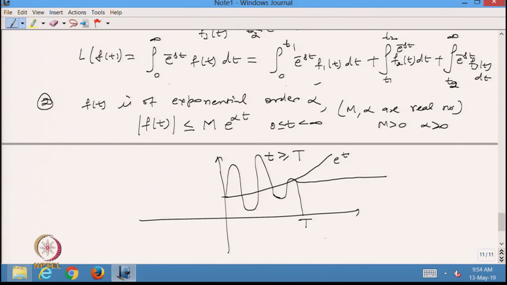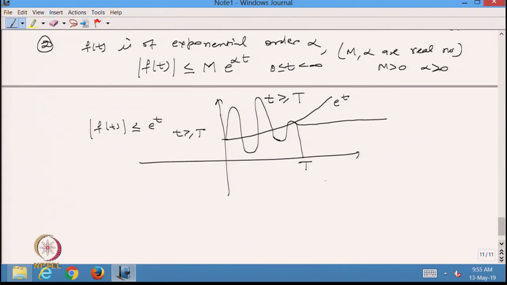So, for this function I can say that f t is less than or equal to m e raised to power alpha t, where I take m as 1 and alpha as 1. So, it is always less than e raised to power t for t greater than or equal to capital T. Sometimes we are able to find this capital T also.